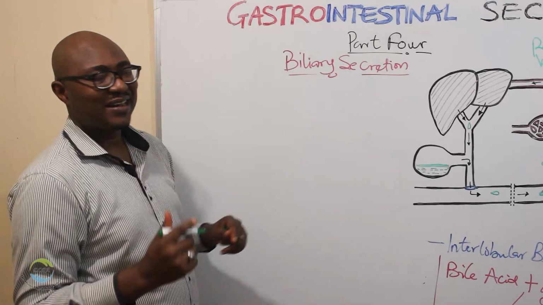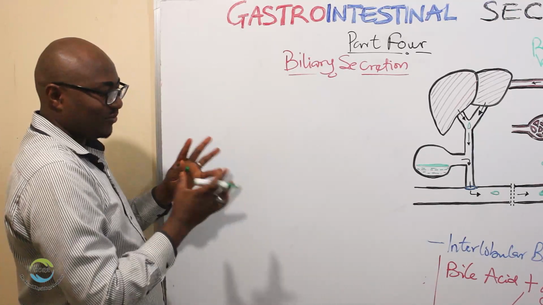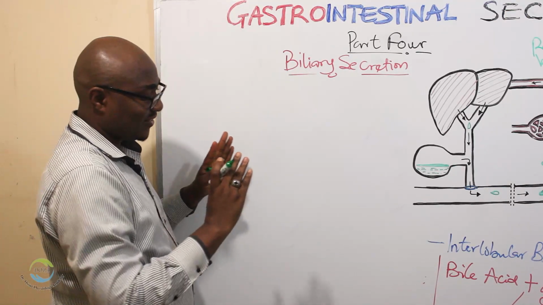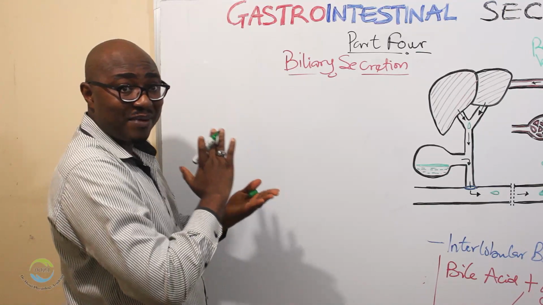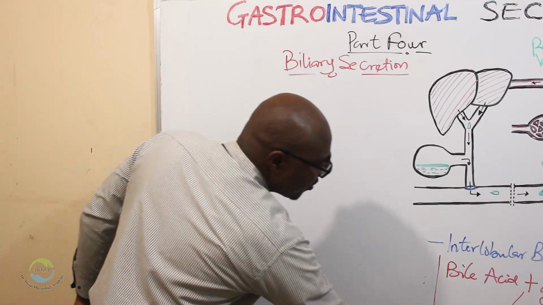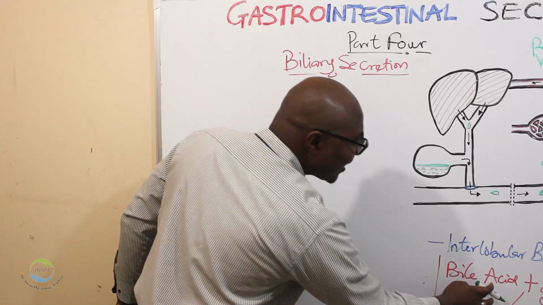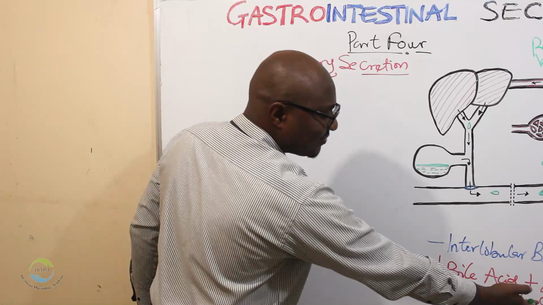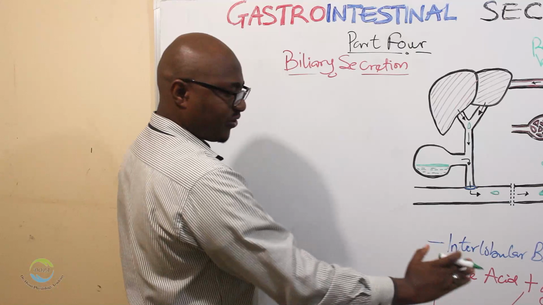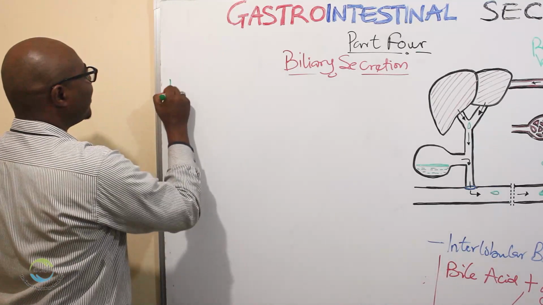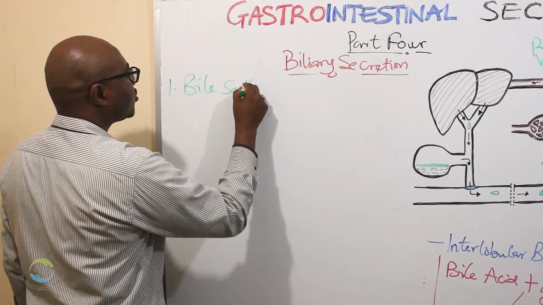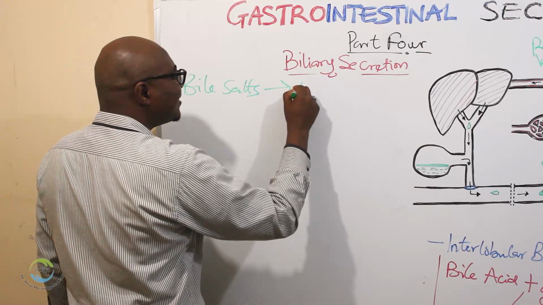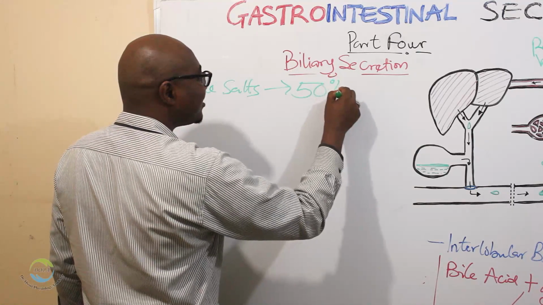All right, welcome back. So we started, before we went on the break, the components or constituents of bile. So we mentioned number 1, bile salt, which is composed of bile acid and amino acid, either glycine or taurine. Okay, so one of them is bile salt, and we say it takes up 50%.